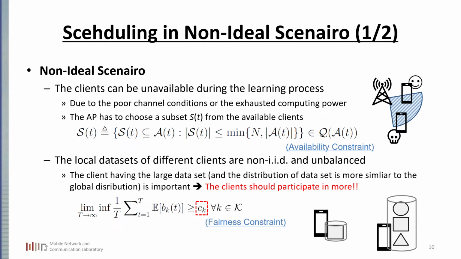And the corresponding clients should participate in more communication rounds, so they set the selecting rate to be more than a certain percentage with a fairness constraint called c_k. However, because it is a non-IID case, we don't know which local data set is actually close to the global distribution. So they are only considering the favorable clients with larger data sets. I will continue to explain the content related to the fairness condition.